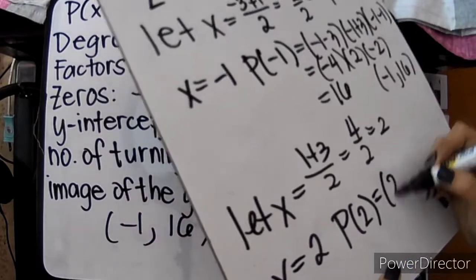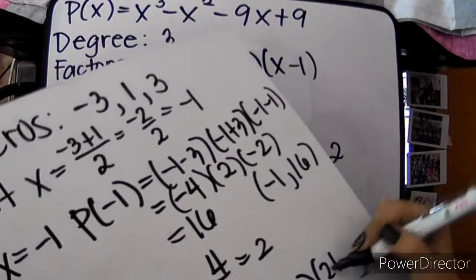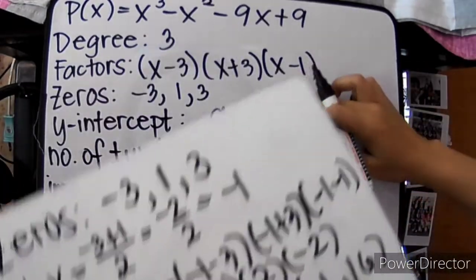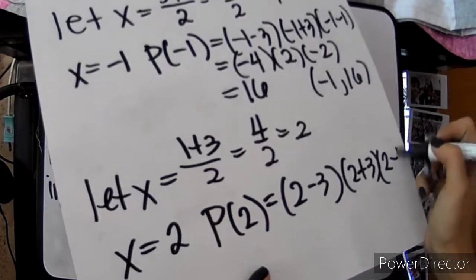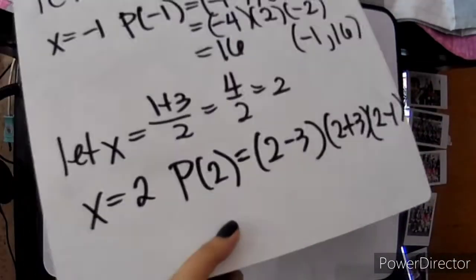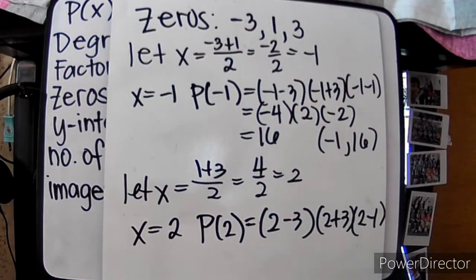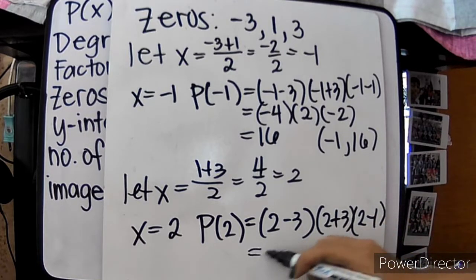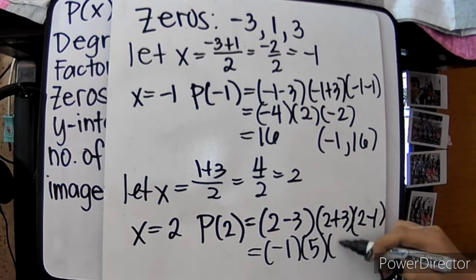So, 2 minus 3 because of x minus 3. 2 plus 3 because of x plus 3. And 2 minus 1 because of x minus 1. Okay, let's solve. So, this is negative 1 times 5 times 1.